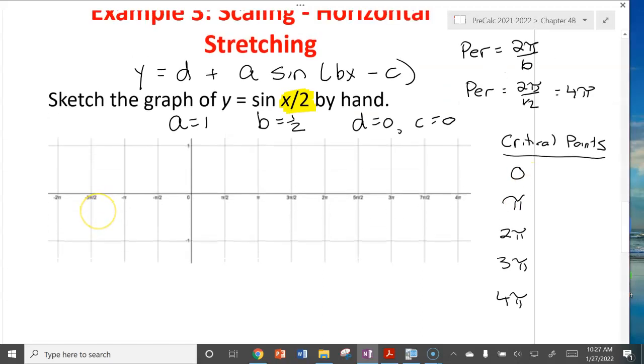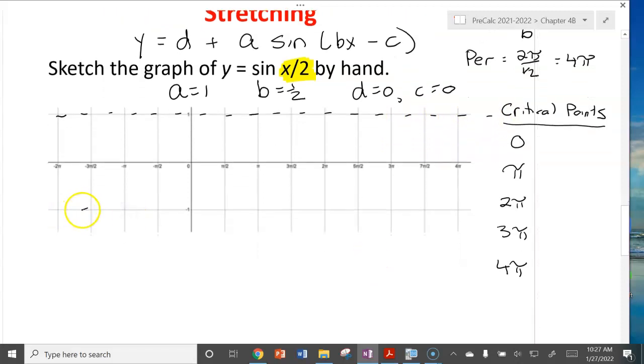And so now our amplitude, we said is 1, because A is 1. So that means my maximum is going to be here at 1. My minimum is going to be at -1. So I'm just going to sketch this in as a visual to remind me to stay between those lines.